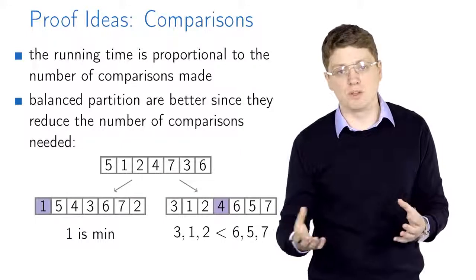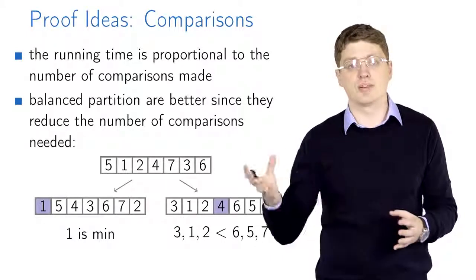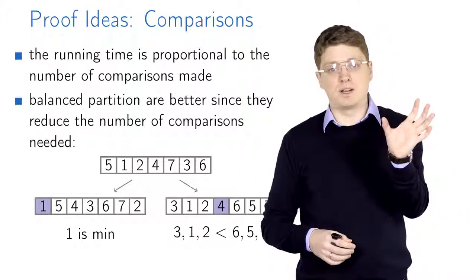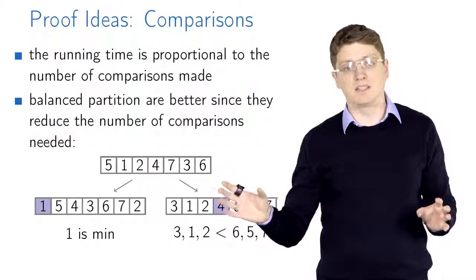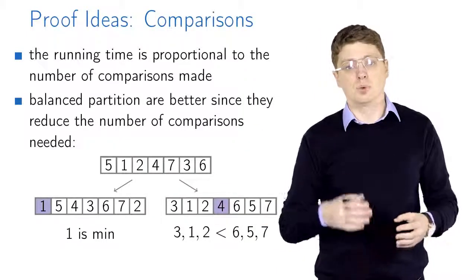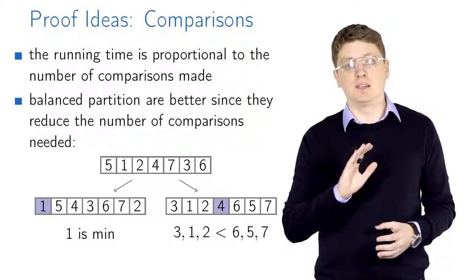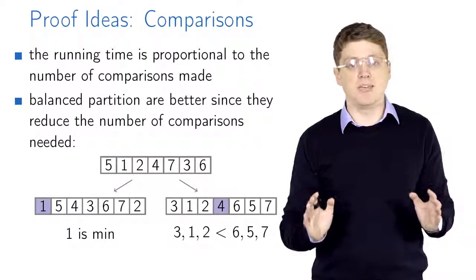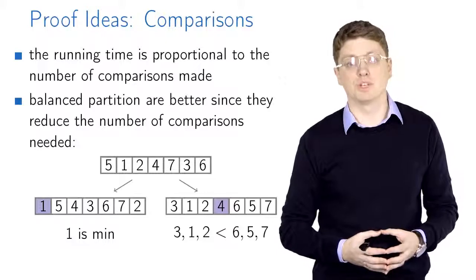Because we already know that all the elements to the left of 4 are smaller than all the elements to the right of 4, right? And also the left part will stay in a separate recursive call and the right part will stay in a separate recursive call. So once again, balanced partitions save us a lot of comparisons that we do not need to make in the subsequent calls to partition procedure.